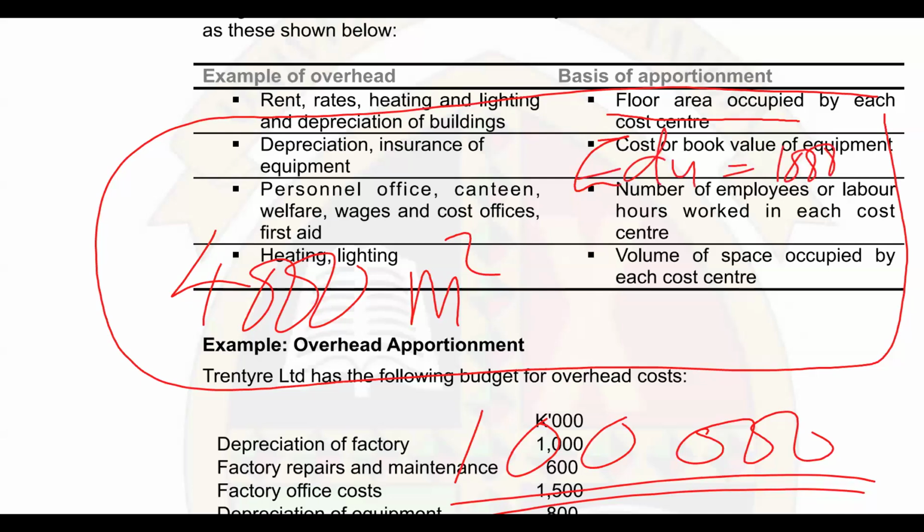Maybe Humanities is occupying 500. I'll just use three schools for you to understand it. You can do the same even if the schools are 13 or more. School of Engineering, occupying 400.